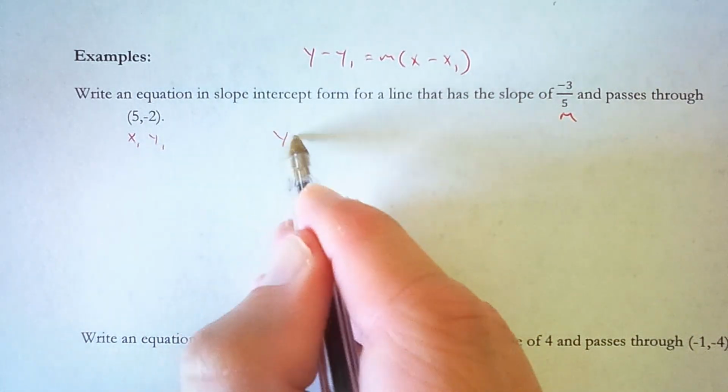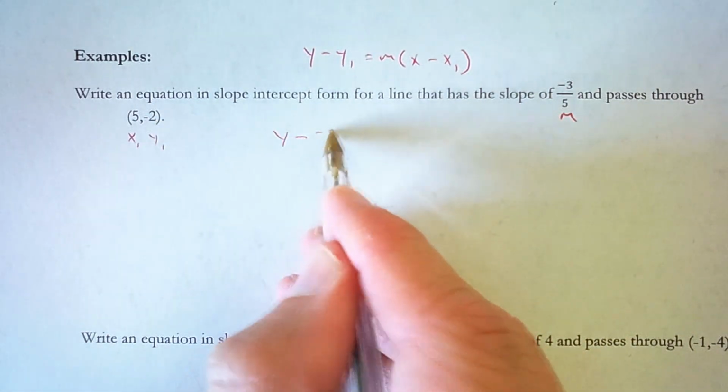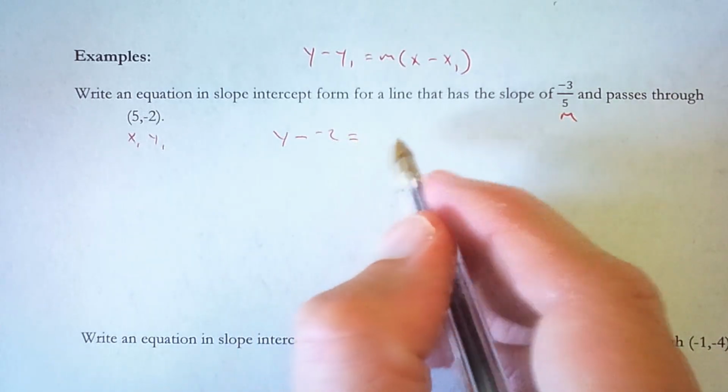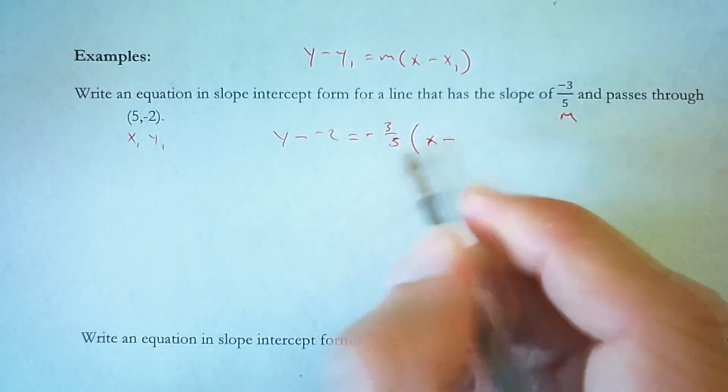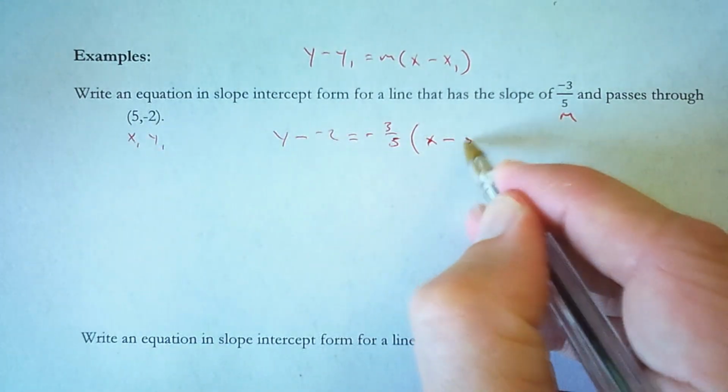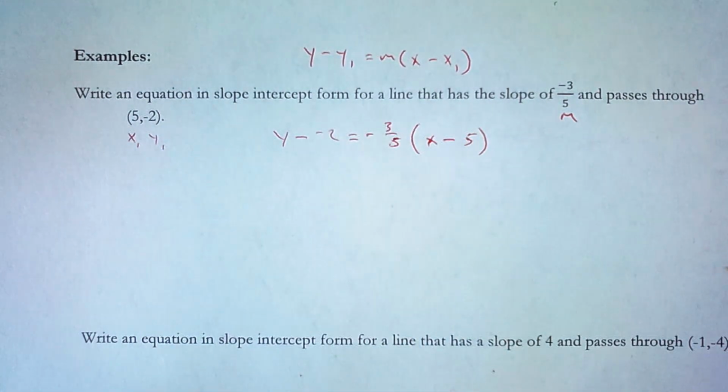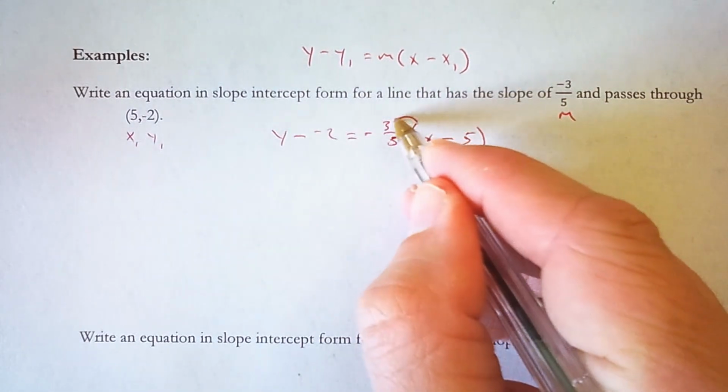So y minus y1, which is negative 2, equals m, which is negative 3/5, times x minus x1, which is 5. And now we just need to simplify this and solve for y. So we will distribute this fraction.